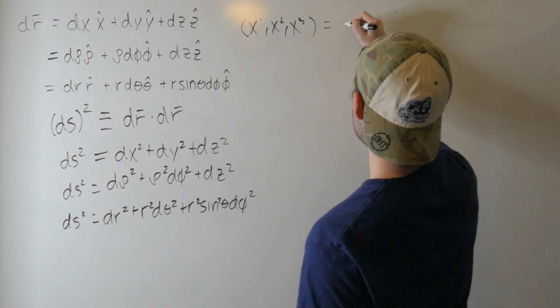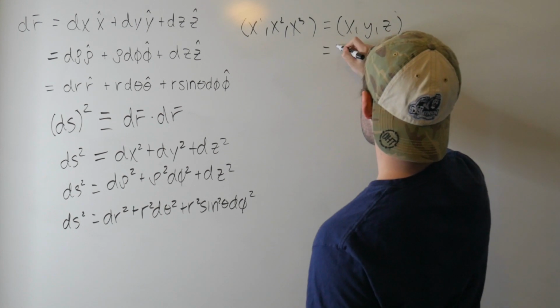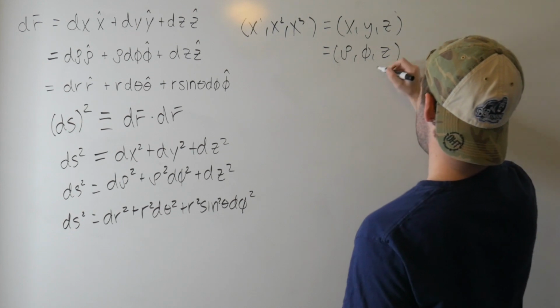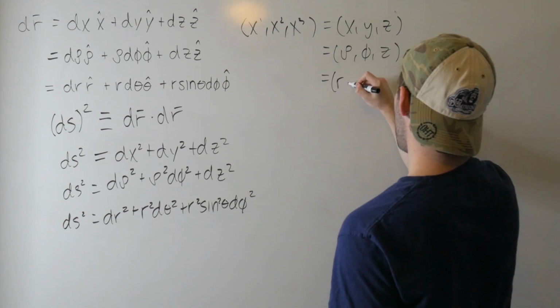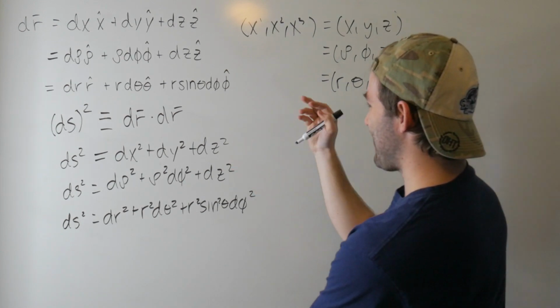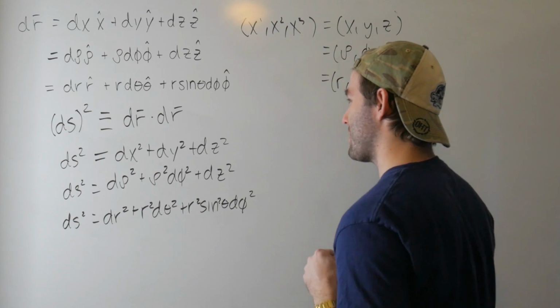So if we say that this is x, y, z, or if we're in cylindrical coordinates, it's rho, phi, z, and in spherical, r, theta, and phi. Can we write this in terms of just summing over these indices of the coordinates? Because that would make things a bit prettier.